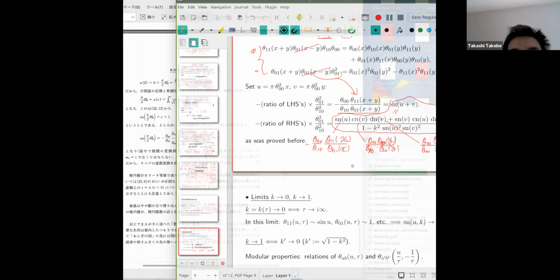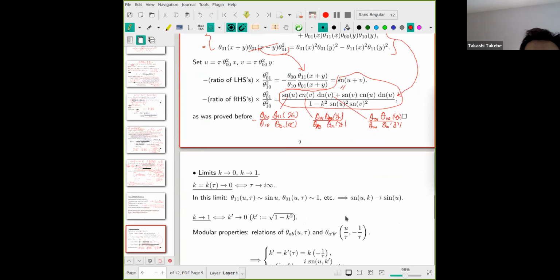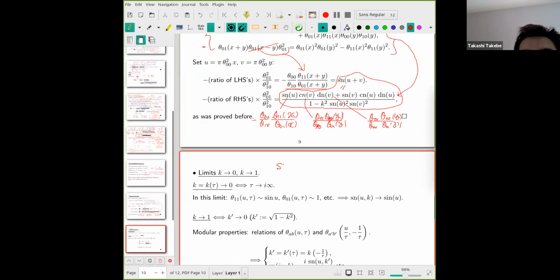The other property, for example, Sn converges to sine when k goes to 0. Let's check this one.